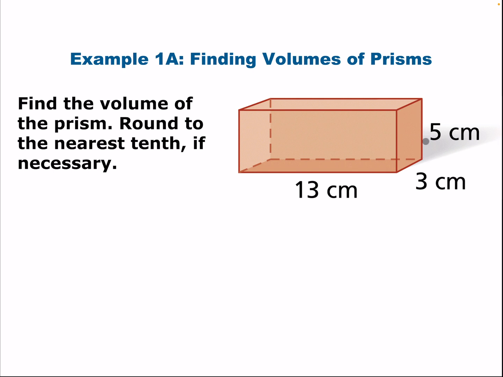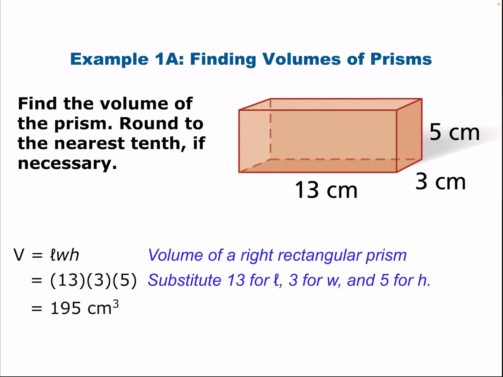And then the height is 5. So 39 times 5, which gives you 195. So the volume of this rectangular prism is 195 centimeters cubed. Okay, you need to make sure that your units are cubed because we're talking about volume.